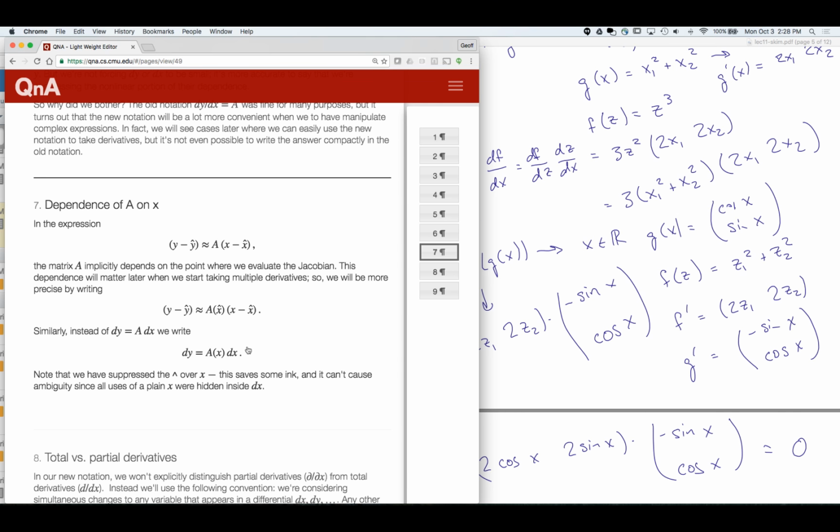We don't like having ugly hats lying around, so we'll suppress them. And it's not going to cause confusion, because all of the uses of x hat are now hidden inside dy and dx, and so this x can't be confused with any of those.